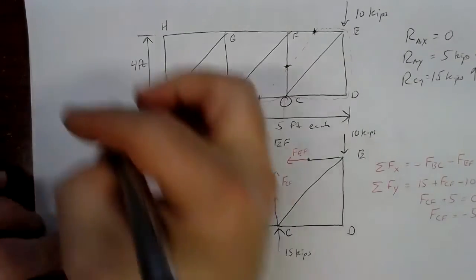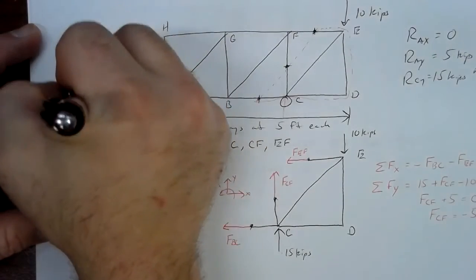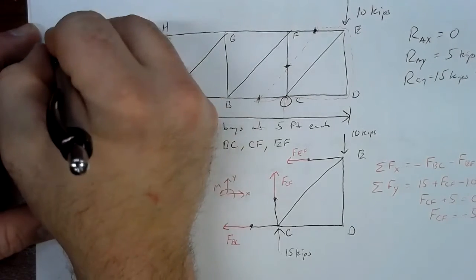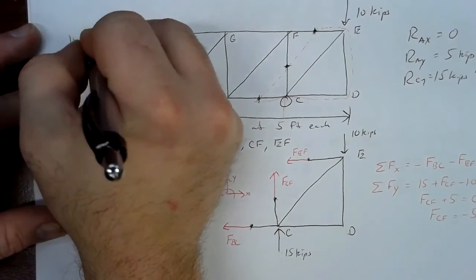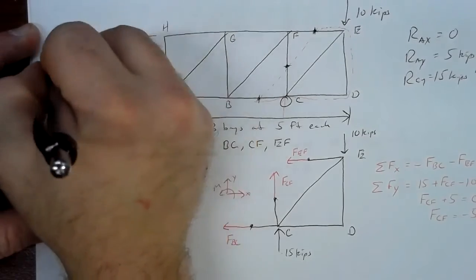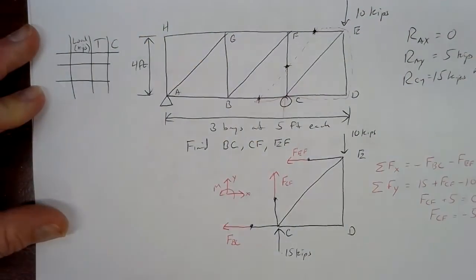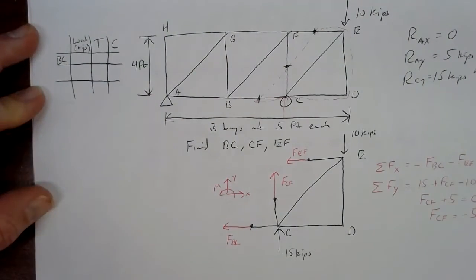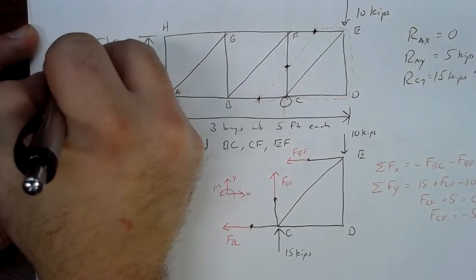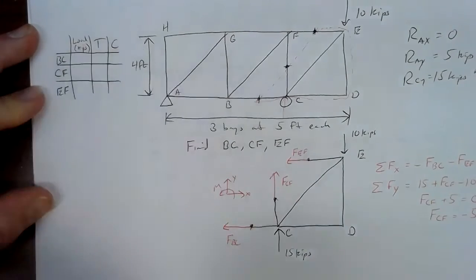So let's put our table off to the side here. We've got our loads in kips. We've got tension and compression. And we have our 3 members that we need here. We had BC, CF, and EF.